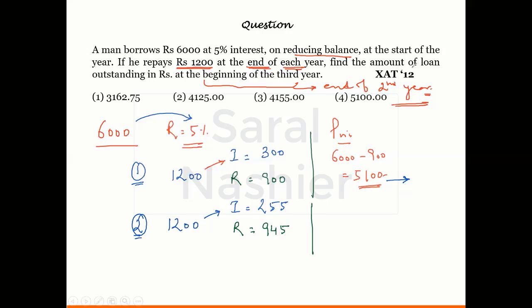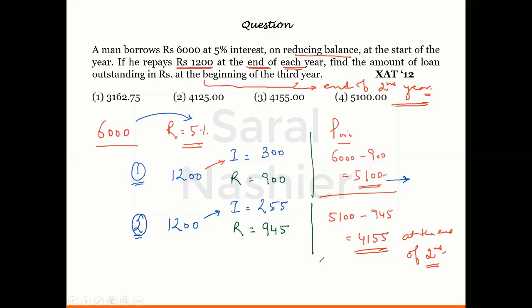This 945 will be reduced from the outstanding principal after the first year. So now the outstanding principal is 5,100 minus 945, that is 4,155 rupees. So this is the amount outstanding at the end of the second year.